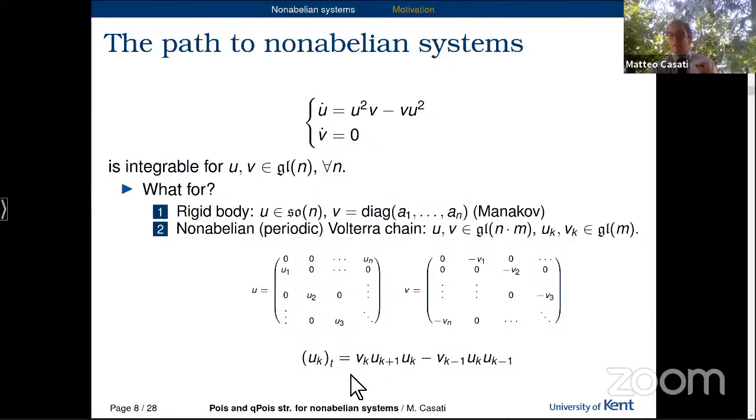The Volterra chain is a differential difference system, which is a many-species version of the normal Lotka-Volterra predator-prey interaction. Nonabelian in the sense that it is relevant whether the population in the k+1 position, the number of animals, is multiplied on the left and the k-1 on the right.